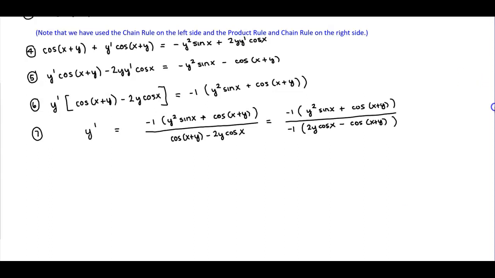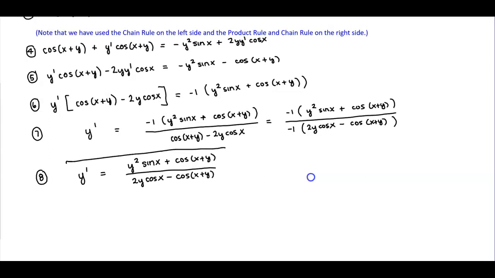So what happens is this negative 1 divided by this negative 1 makes it positive. So then ultimately what we're going to get for y prime is the following. In the numerator we have y squared times the sine of x plus the cosine of x plus y, divided by 2y times the cosine of x minus cosine of x plus y.